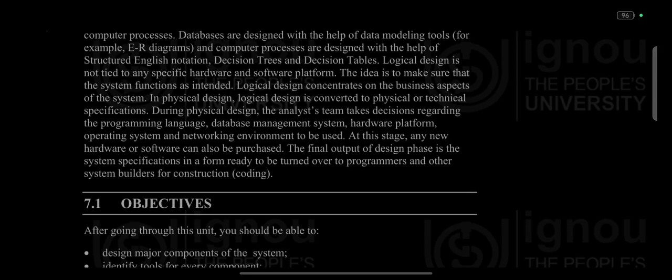At this stage, any new hardware or software can also be purchased. The final output of the design phase is the system specifications in a form ready to be turned over to programmers and other system builders for construction and coding.